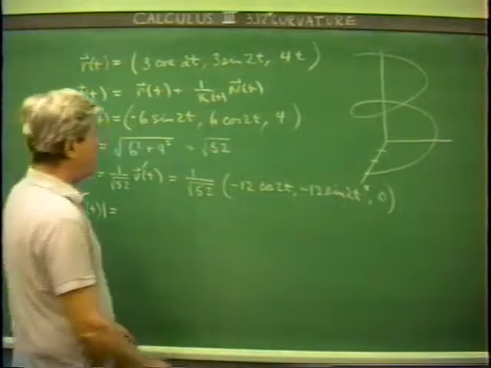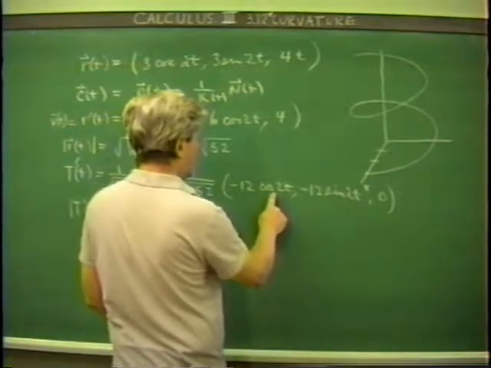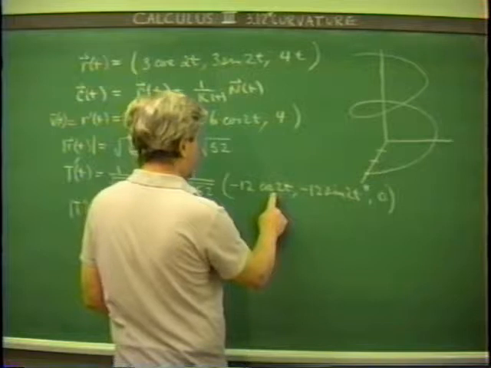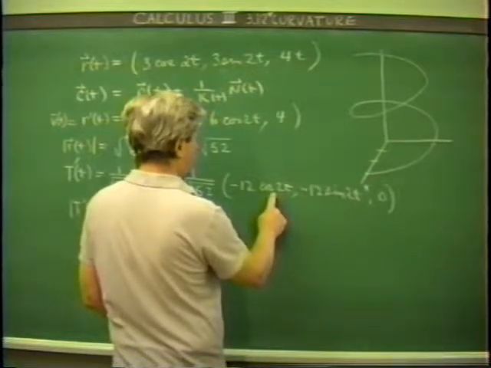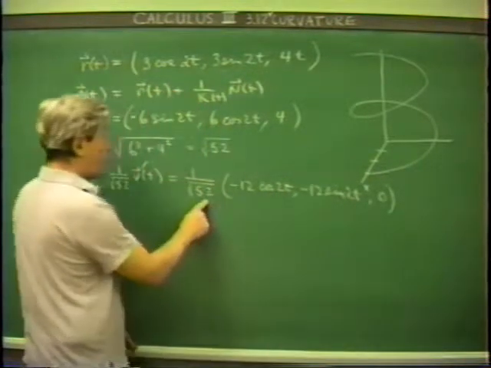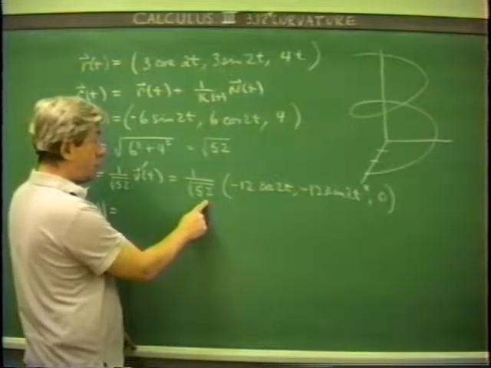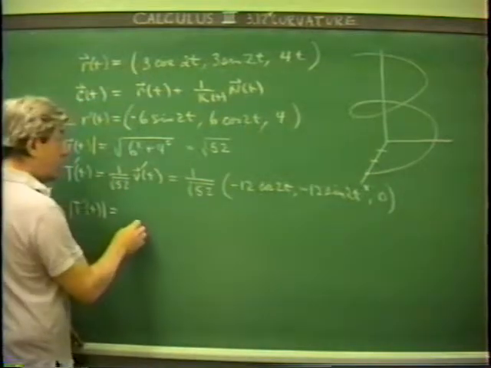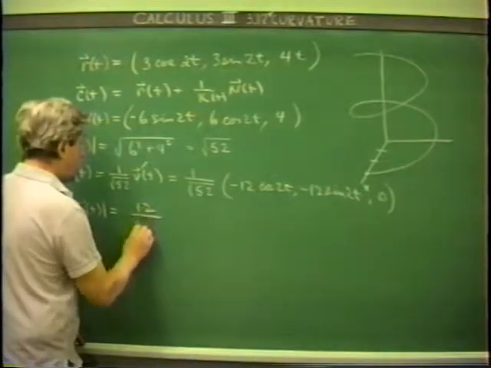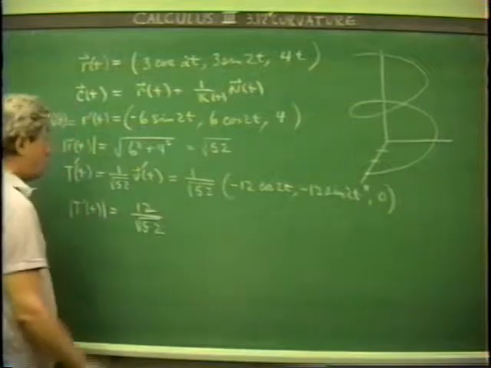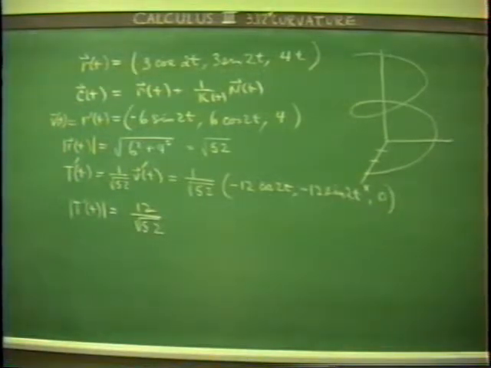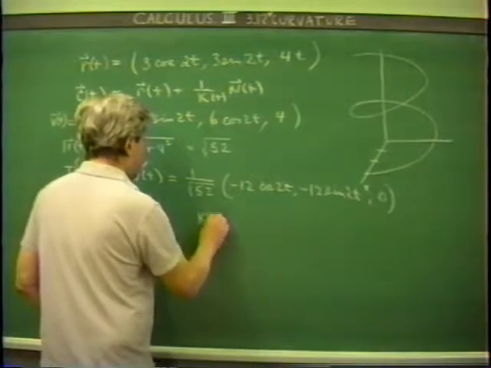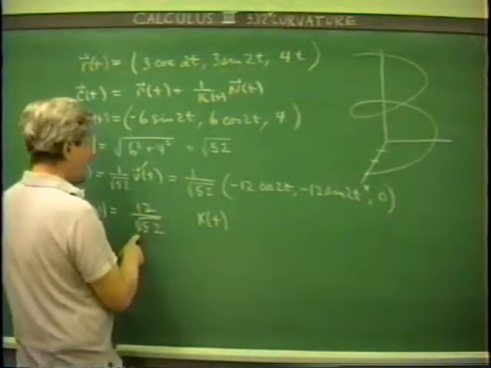The magnitude of t prime of t is the square root of 12 squared times 1 over square root of 52. So the magnitude of t prime of t is going to be 12 over square root 52. Okay?